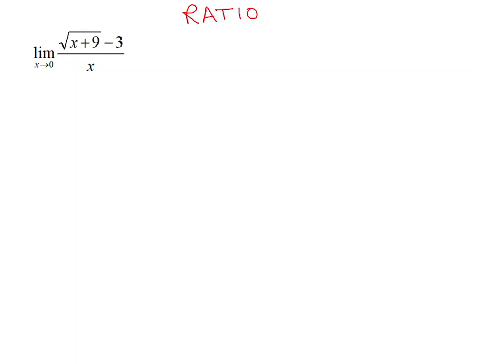Rationalize. Let's make that note that if we rationalize, it can often help us have a function that's written in a different way that won't yield 0 in the denominator. So that means we multiply by the conjugate. So we multiply the numerator by square root of x plus 9 plus 3, instead of minus 3.